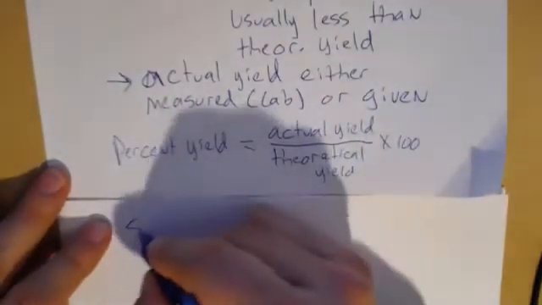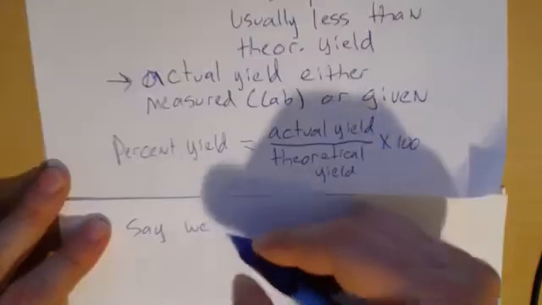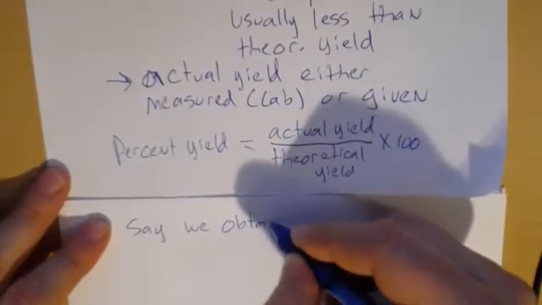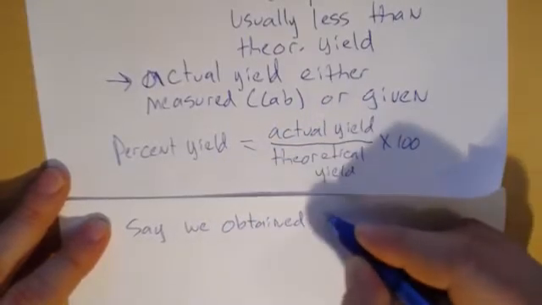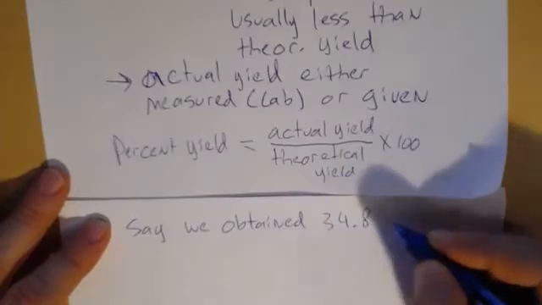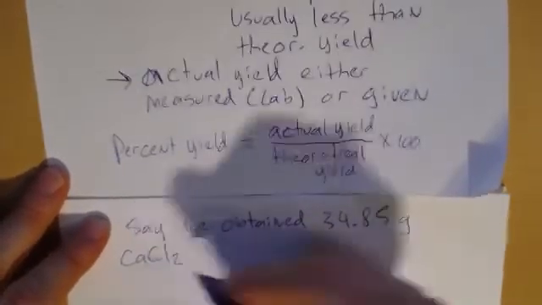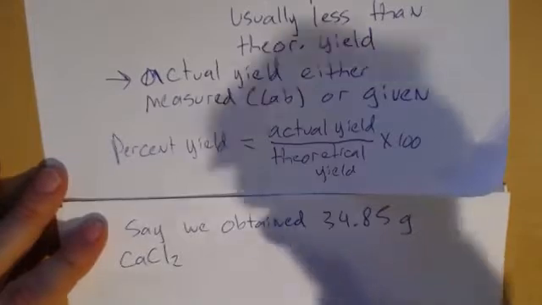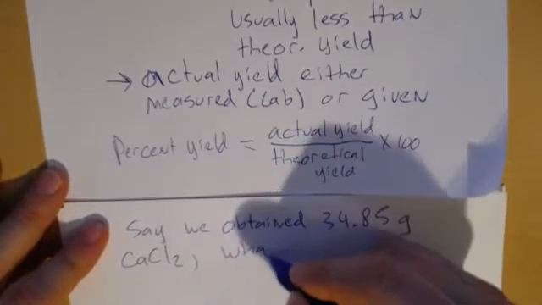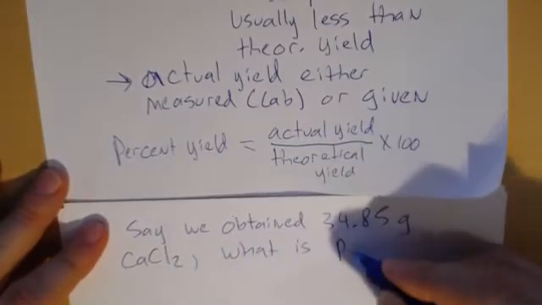So let's just say we obtained 34.85 grams of calcium chloride, what is the percent yield?